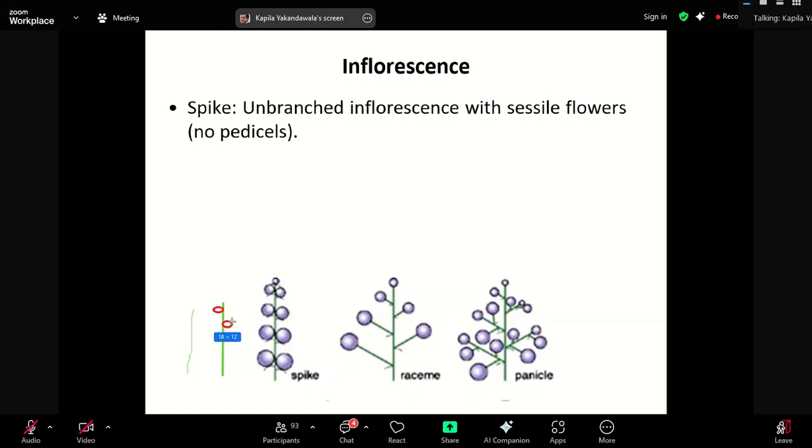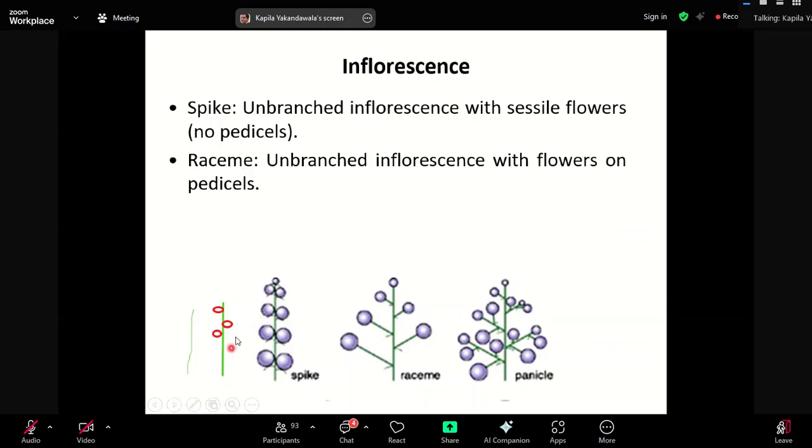Flowers are attached to the axis like this. And flowers don't have any stalks. So flowers are sessile, as you can see here. No pedicels, no stalk. So flowers are directly attached to the axis. Then raceme. Raceme means these flowers have stalks.